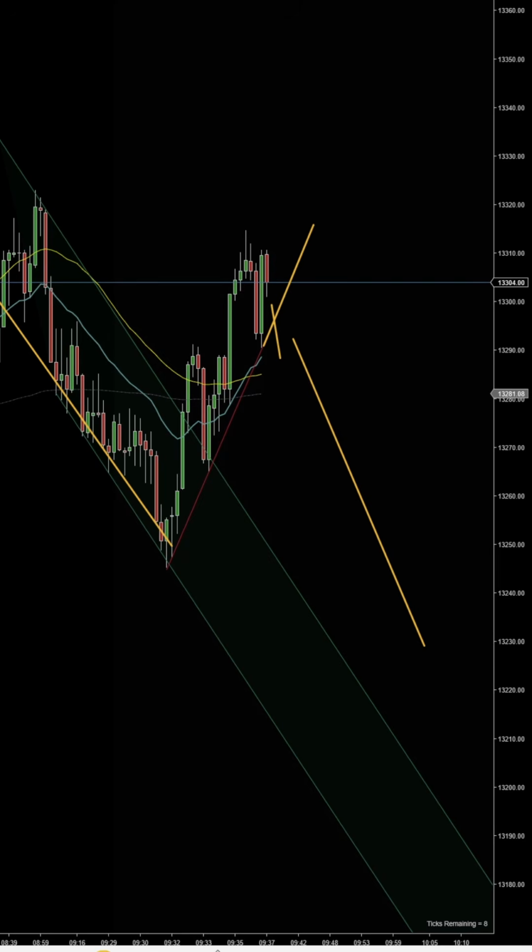It's still possible we may try to see this level here. So those are the thought processes before entering the setup.